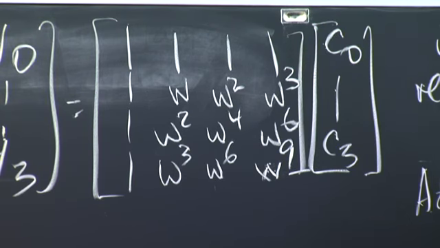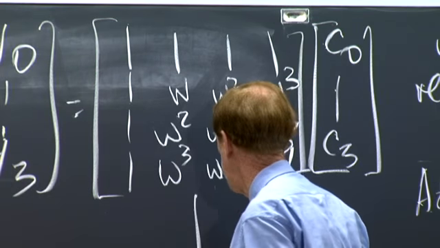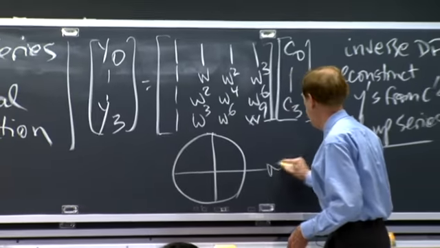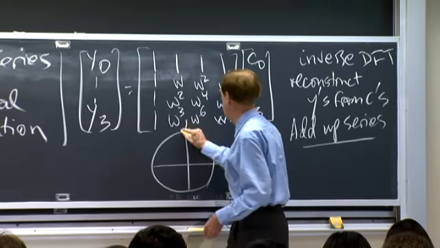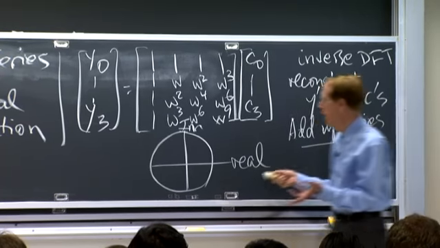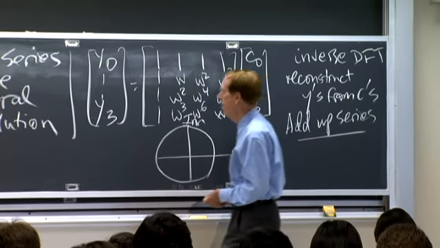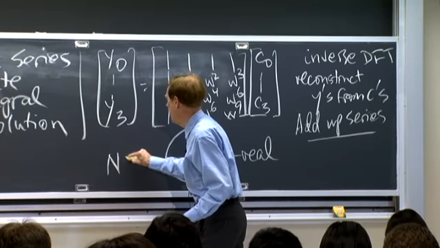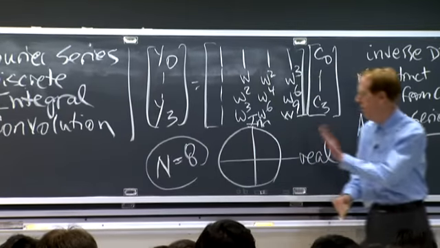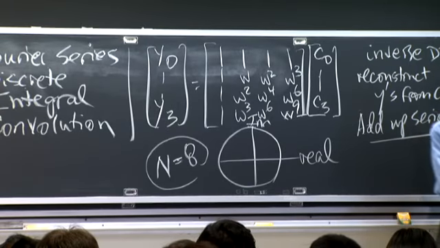But higher powers are all, let's draw a picture. Where is W? So this is the complex plane. Here's the real and here's the imaginary direction. And let me take n to be, here n was 4, let me take n to be 8 in my picture, then I'll be able to spot the 4s and the 8s.